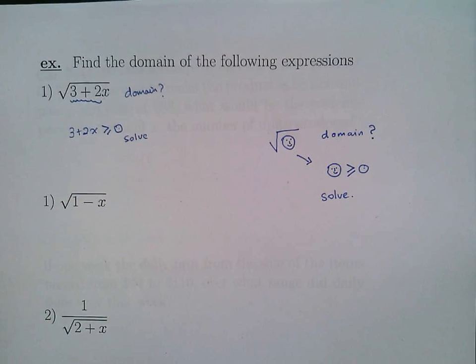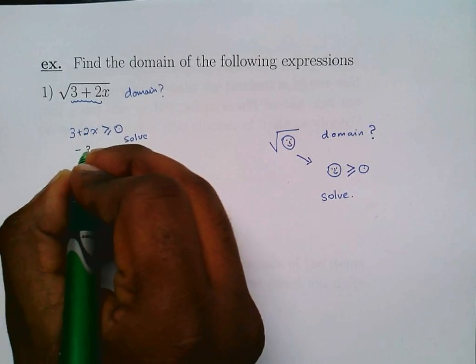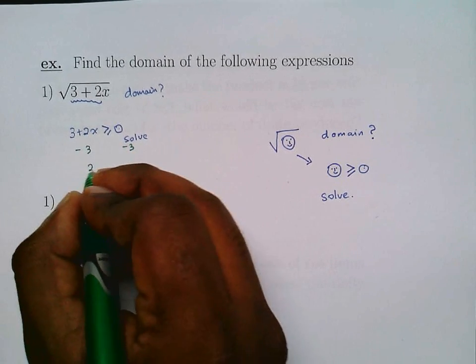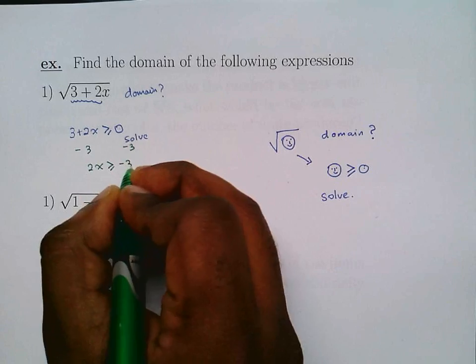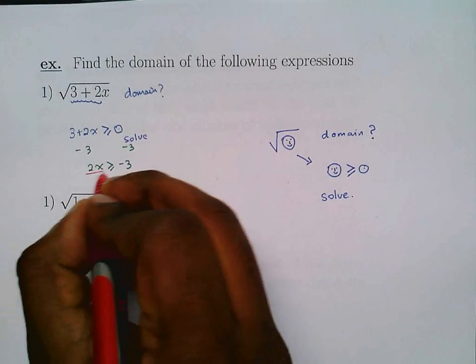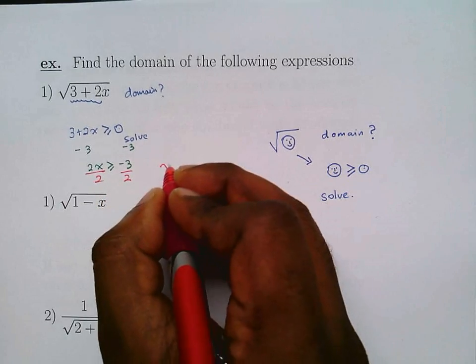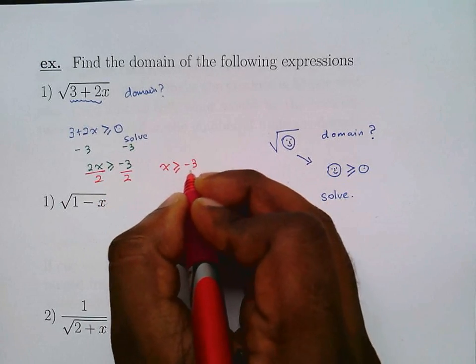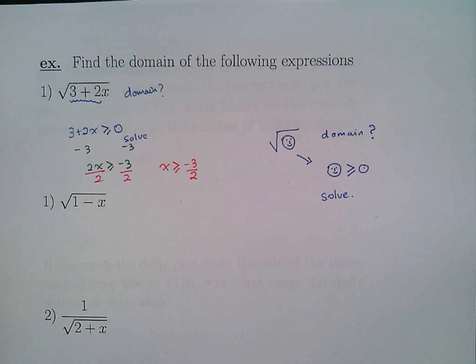That's as easy as an inequality can get. Subtract 3 from both sides, you get 2x greater than or equal to negative 3. Divide both sides by 2. So you get x is greater than or equal to negative 3 over 2. So that's the answer, that's the domain.